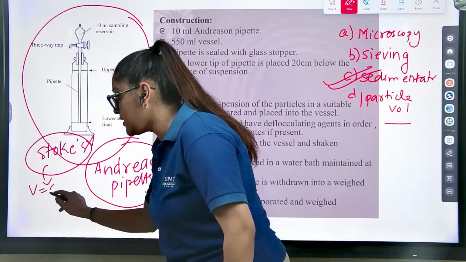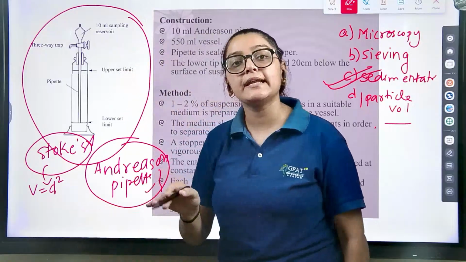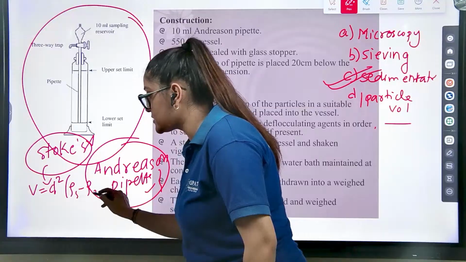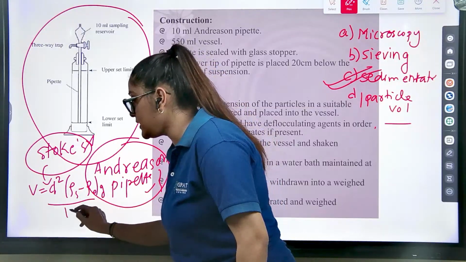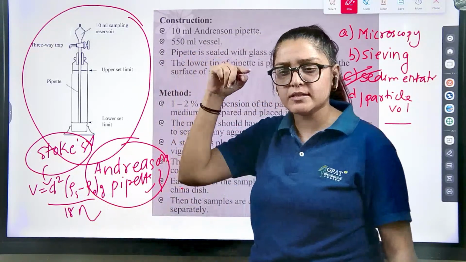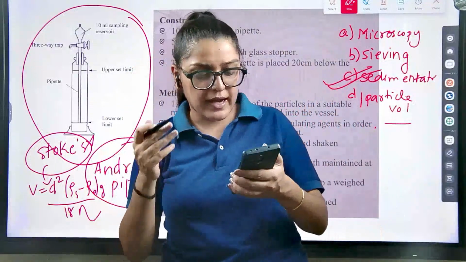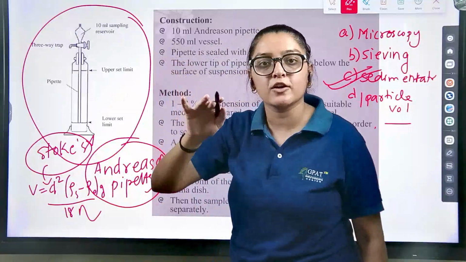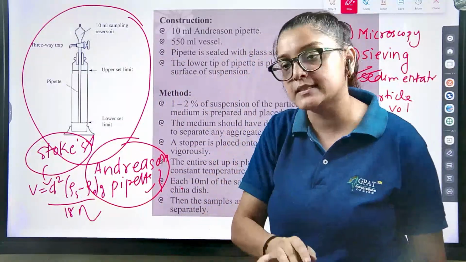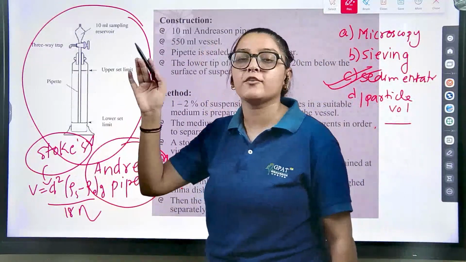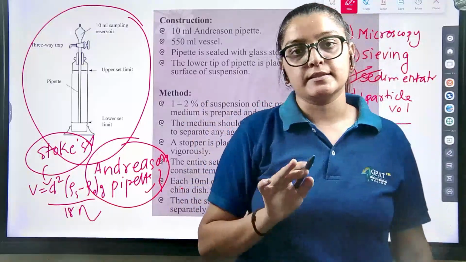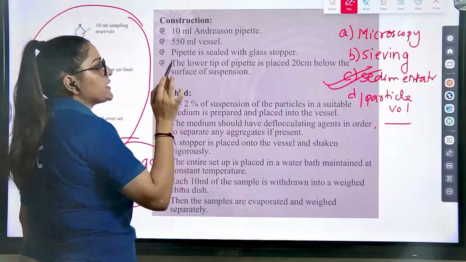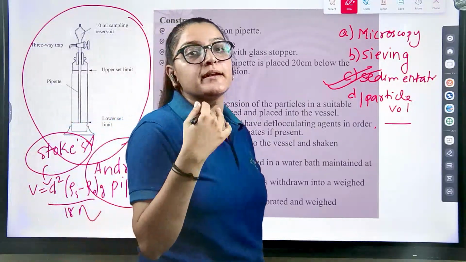Velocity is v, we have diameter as d squared, we have density difference (rho s minus rho naught) times g upon 18 eta. Remember this equation over and over again. Once the particle size increases, the rate of settling, the velocity, will increase. Viscosity increases, rate of settling of particle decreases.